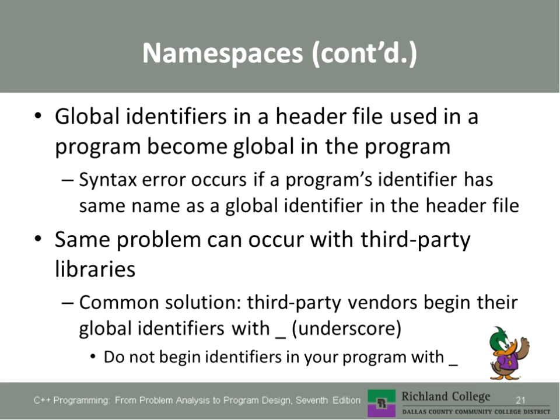So a syntax error occurs if a program's identifier has the same name as a global identifier in the header file. So if you're creating a global identifier in your code, and that identifier also exists in a header file, you're going to have a syntax error. The same thing can happen with third-party libraries.